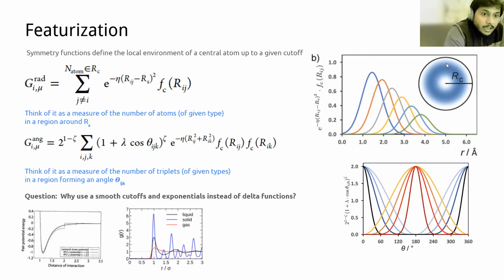So for example, if you have a central atom here, and you have another atom here and another atom here, then this is I, this is J, and this is K. In this case, I would be a central atom and J and K. And in that case, what you would really compute is this cosine of the theta, so this angle, and Rij would be this distance, and Rik would be this distance.